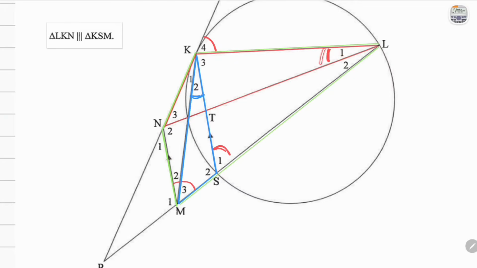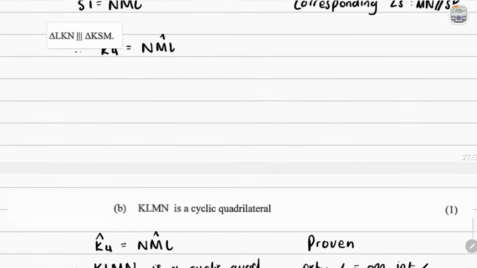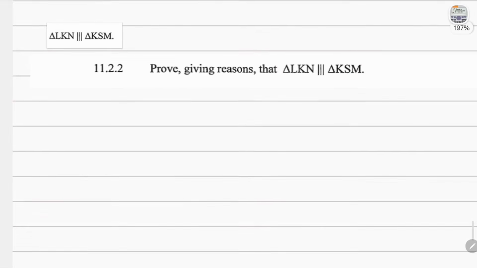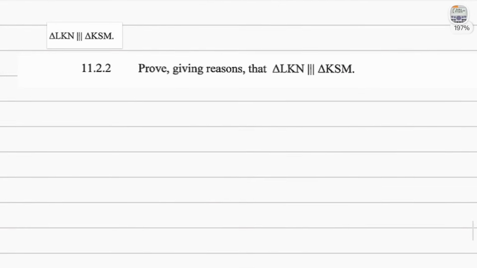Now we have moved from angle L1 to angle M2. Notice that angle M2 is next to a parallel line, so we can form alternate angles over here. And there we go: angle M2 is equal to angle K2. So let's go ahead and start off with that. We'll introduce our triangles and then show that those two angles are equal.